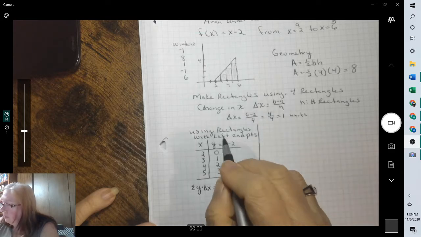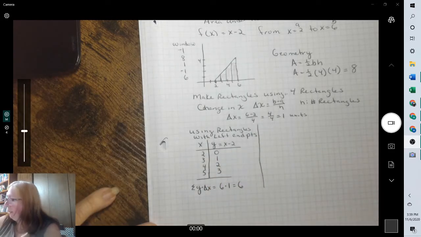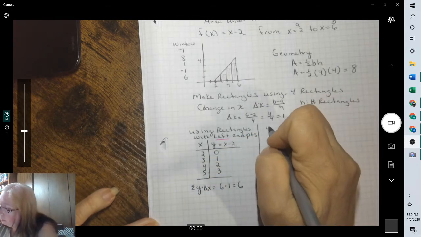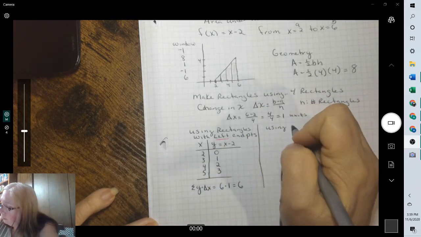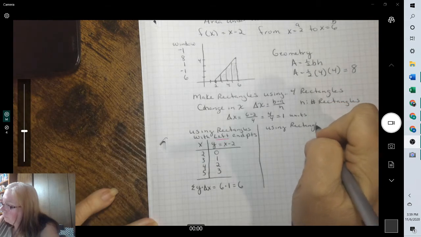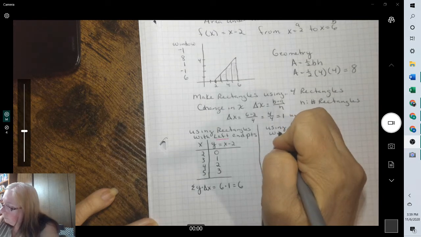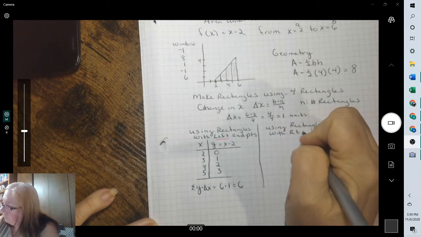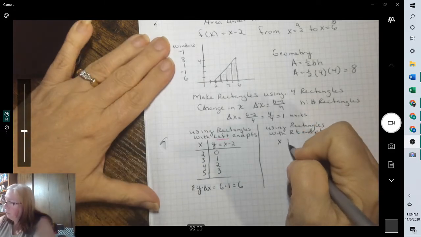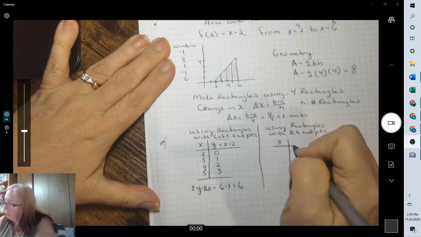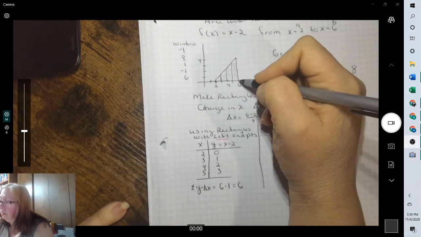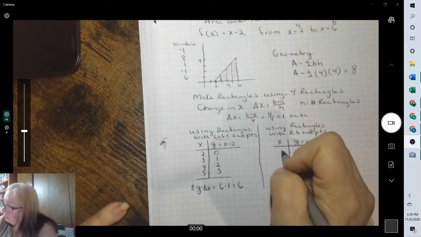Well, what happens if instead of using the left we use the right? We can do the same thing, only start on the right: 6, 5, 4, 3.